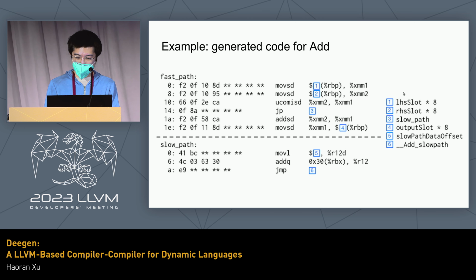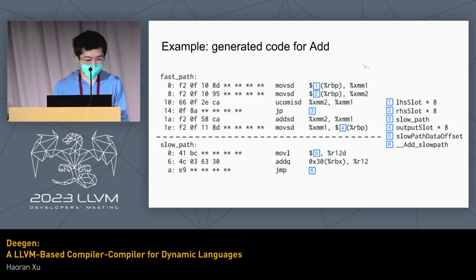For example, if we are executing an add of slot 1 and slot 2, then hole 1 is going to have 8, and hole 2 is 16, and the JP is jumping to the address of the slow path, and the jump 6 is going to be the address of the AOT, ahead-of-time generated slow path. As you can see, since everything known at runtime is just constants in the instruction stream, the code quality is good for a baseline JIT.